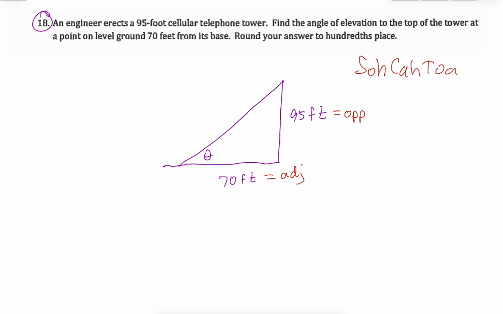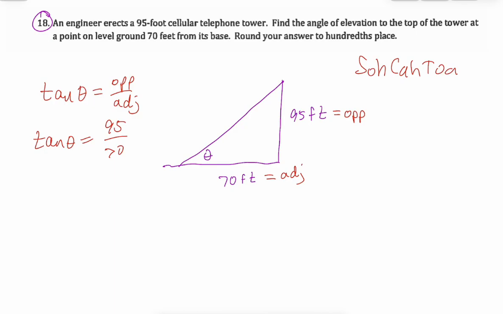So our trig function that uses opposite and adjacent is our tangent, because we know that the tangent of theta is opposite over adjacent. So let's set that up. We know that the tangent of theta is our opposite 95 over our adjacent of 70.